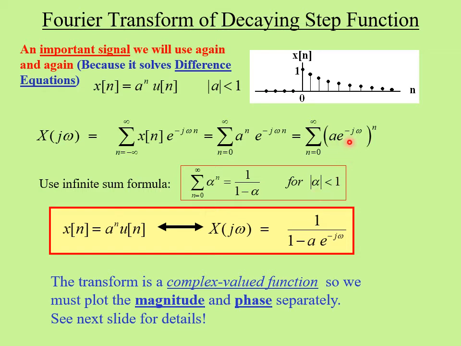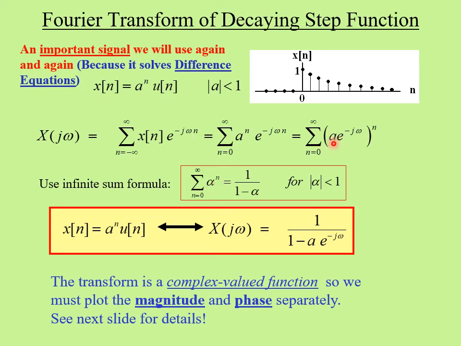So if we look at our alpha, it's all this stuff inside the parentheses. Well, we know that a is less than 1, and the magnitude of e to the minus j omega is equal to 1, because it falls somewhere on the unit circle. So this quantity in parentheses, which is our alpha, is definitely less than 1.